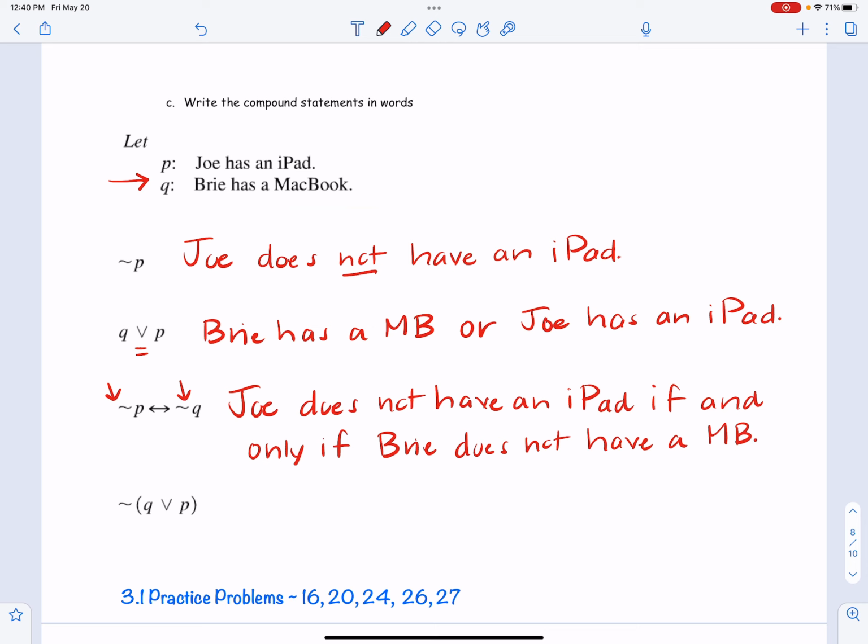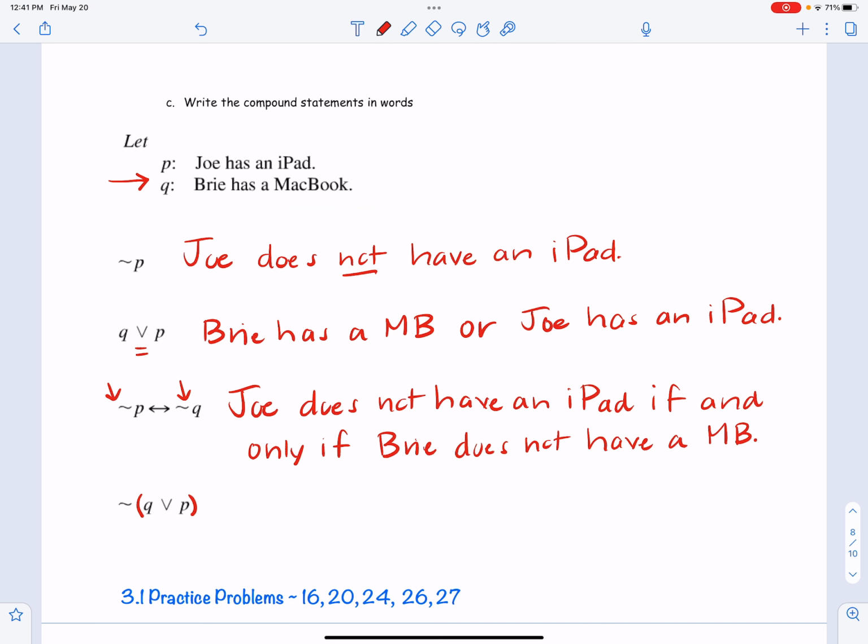Okay, and then the last one here, I want to make sure that you know when you have a negation and it applies to a compound statement, and you'll know that because the negation is out in front of parentheses, right? You have to make sure that you negate the whole thing, and you can't do that with just a simple not.